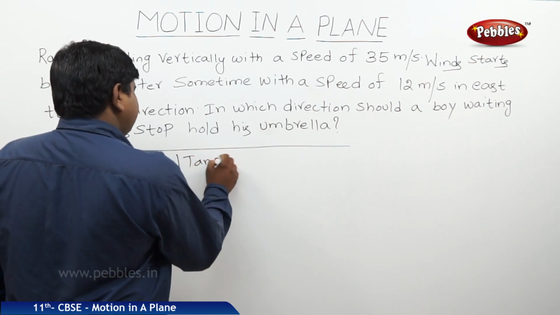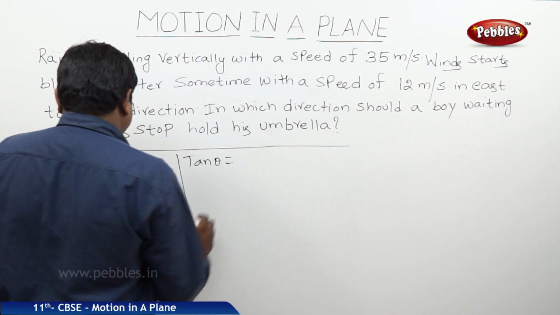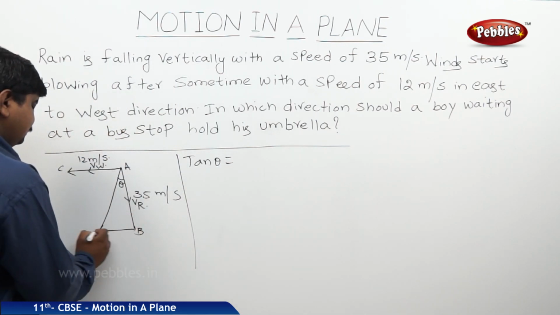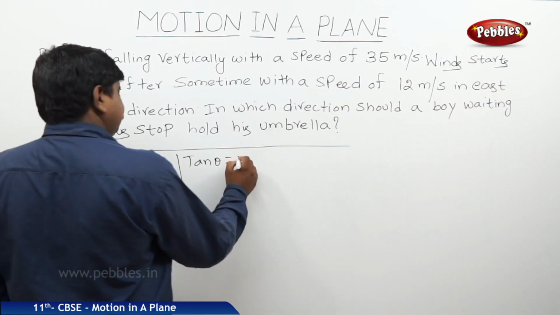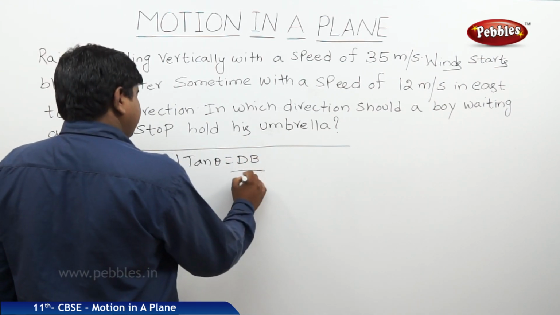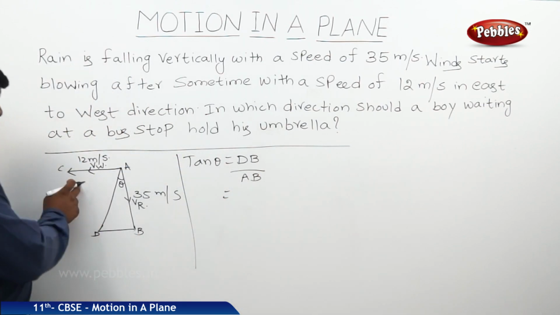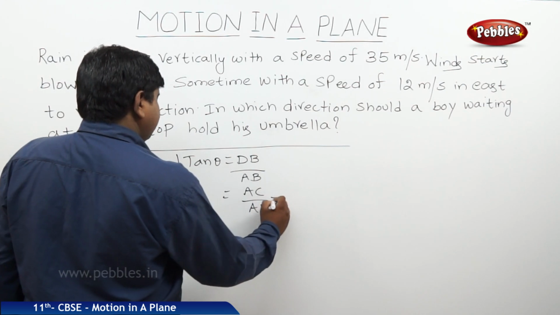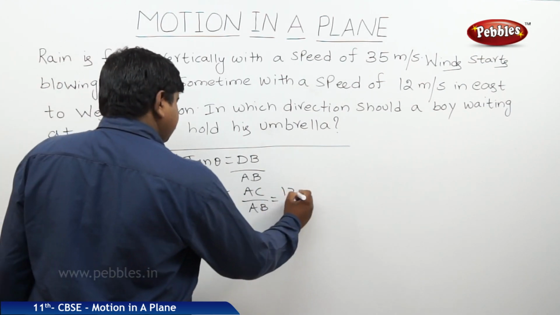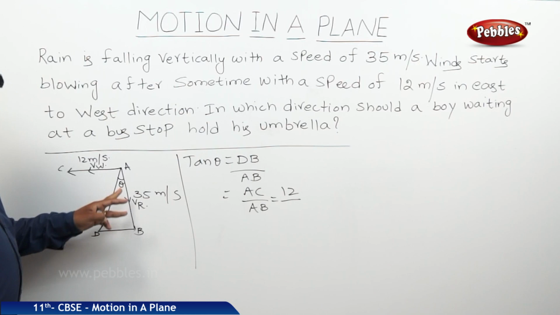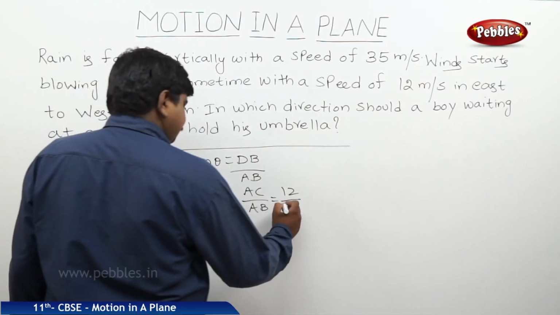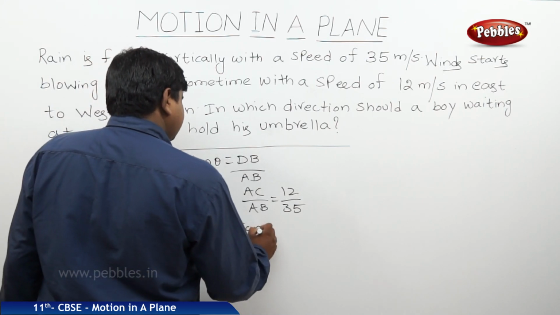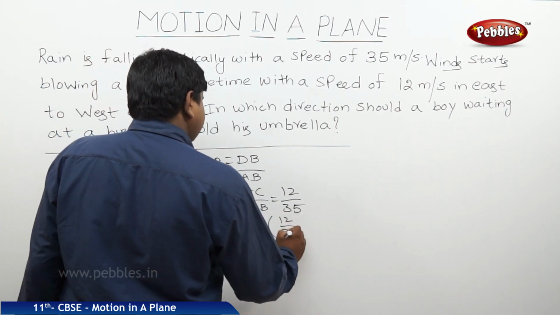Tan theta is equal to this part. Let us say this is DB. DB by AB. DB is parallel to AC. So we can write AC by AB, where AC is 12, where AB is 35. Therefore, theta is equal to tan inverse 12 by 35.